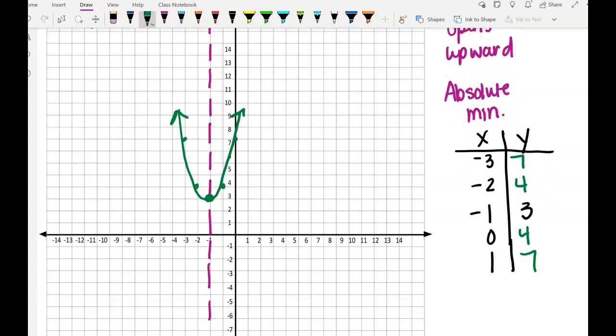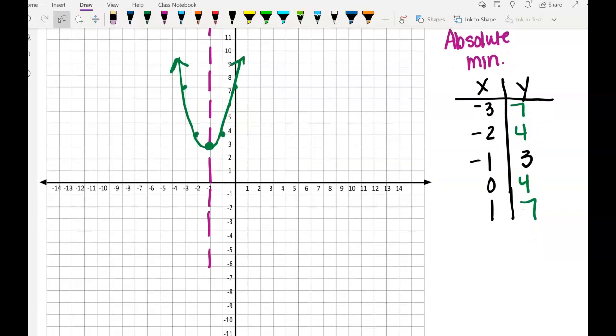And there's a couple other questions that are going to come up about this graph on your homework. One, it's going to ask for the transformation. What kind of transformation, when we're talking shift left, shift right, shift up, shift down. What transformation happened from our parent function to this graph?